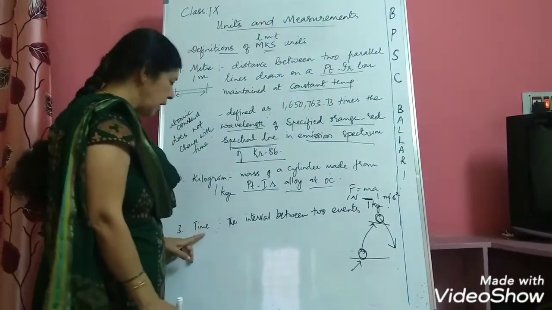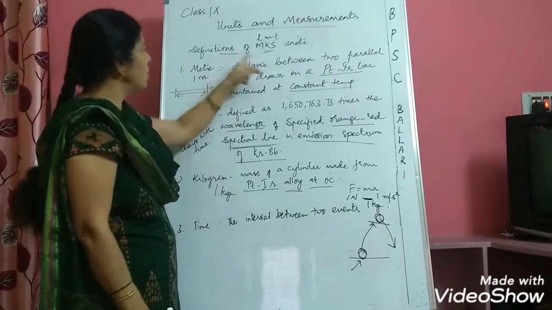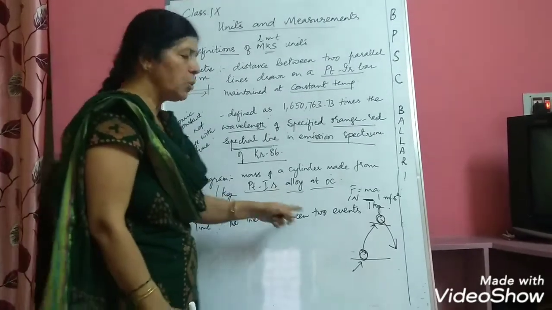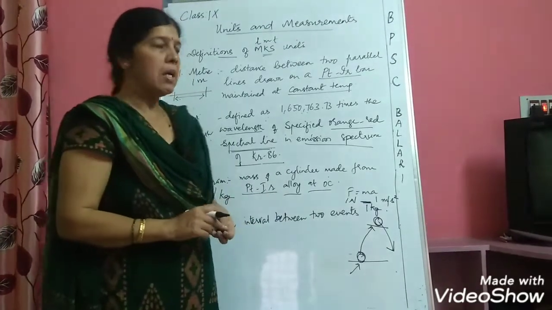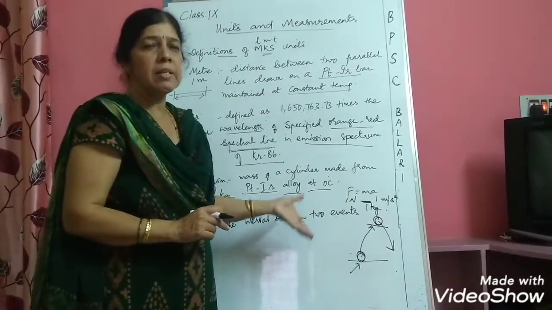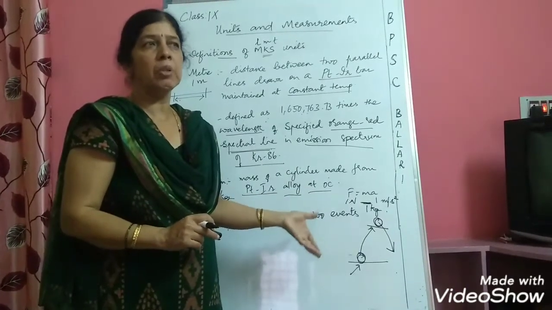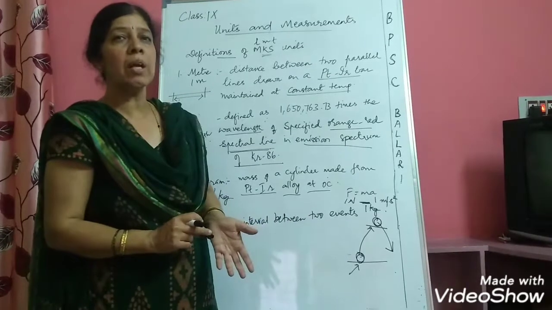Now likewise, time also has been measured according to the MKS system. Now what is time? The interval between any two events is considered as time. Now this time has been measured keeping in mind the solar day. Now what is solar day?